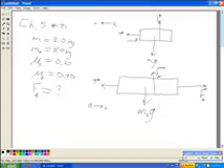I'm going to show that right here at the point of friction. Here I'll call it friction of box 1. I'll label it that.